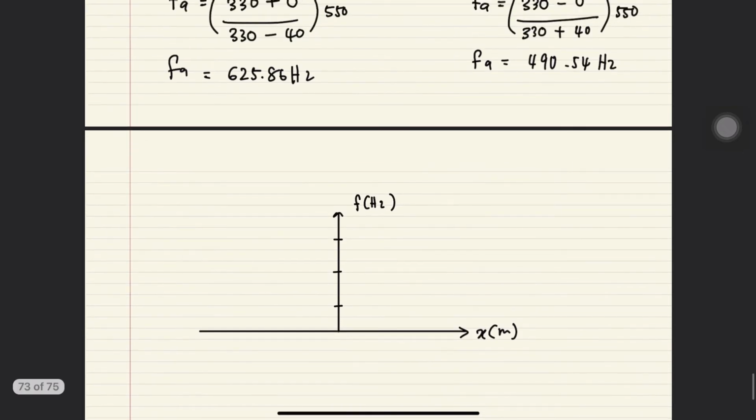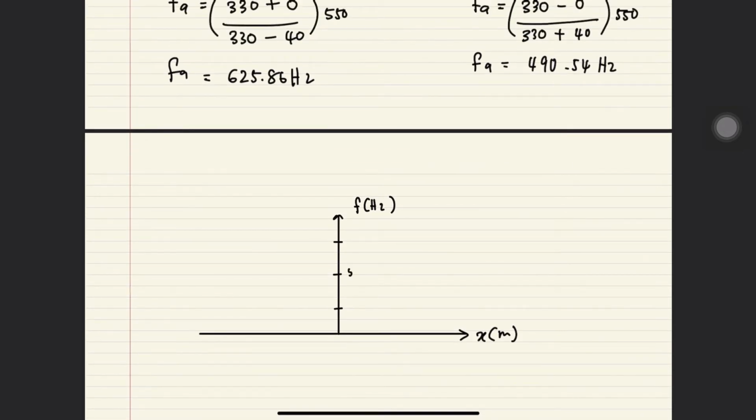So F is equals to 550. And then the higher one is 625.86. The lower one is 490.54.